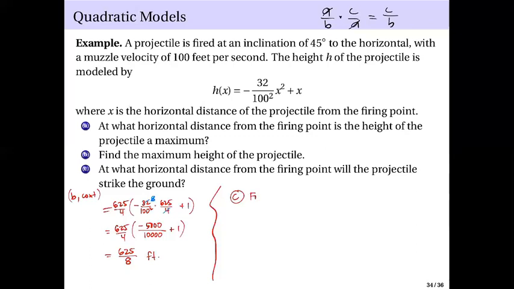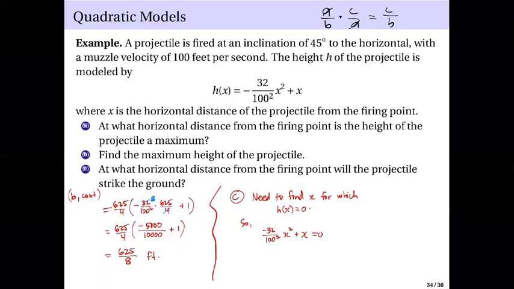So we need to find x for which h of x equals 0. h of x is negative 32 over 100 squared, x squared plus x, and this is equal to 0.